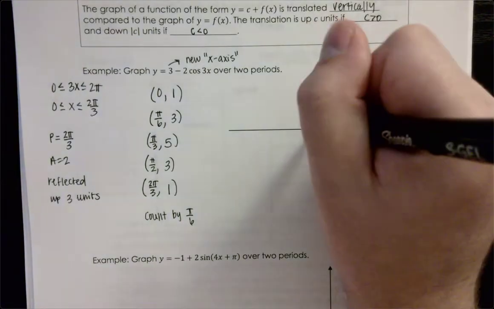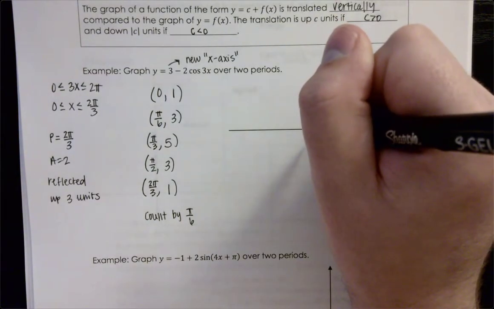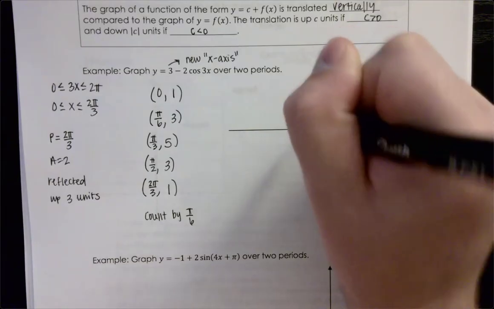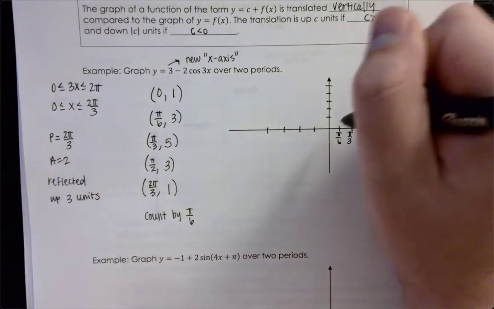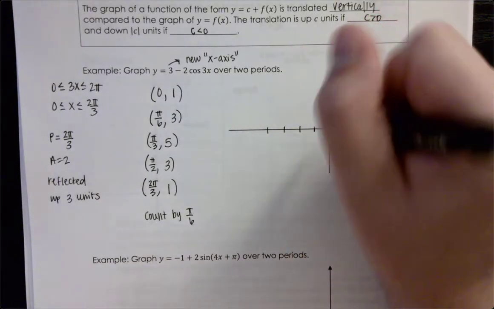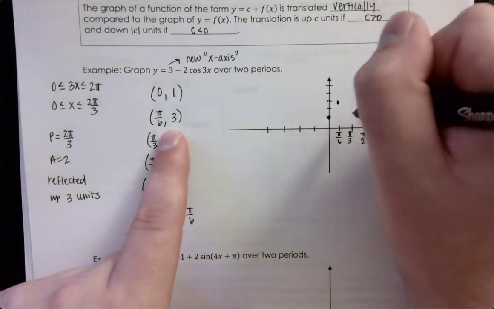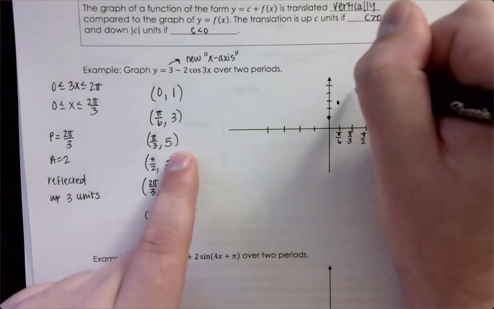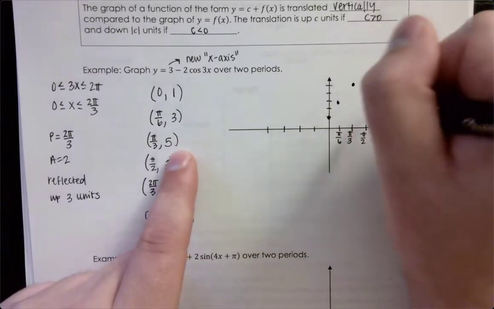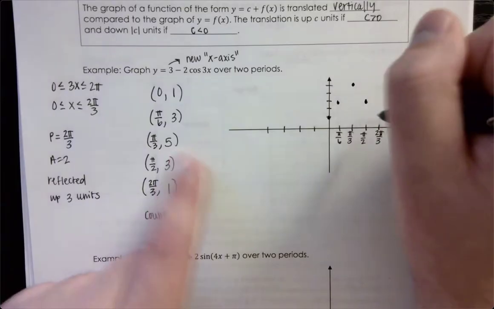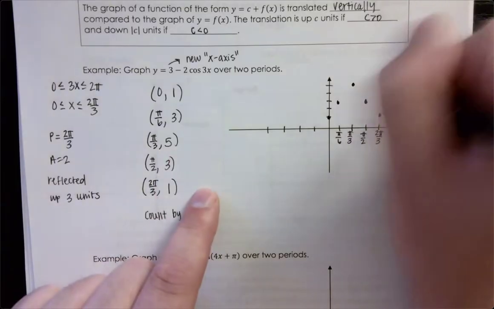And then the opposite direction, because we need two periods. So we're at 0, 1, pi over 6, 3, pi over 3, 5, 3, and 1.